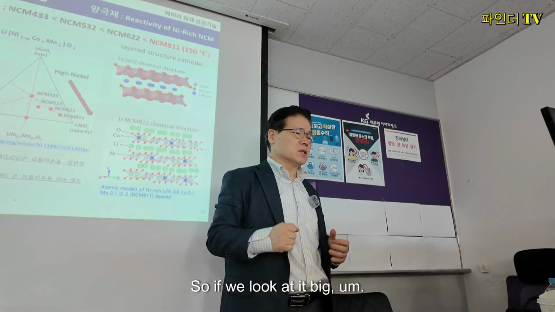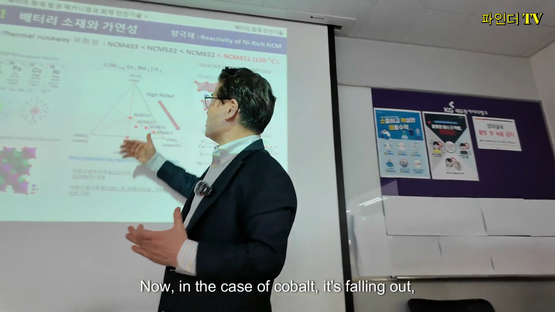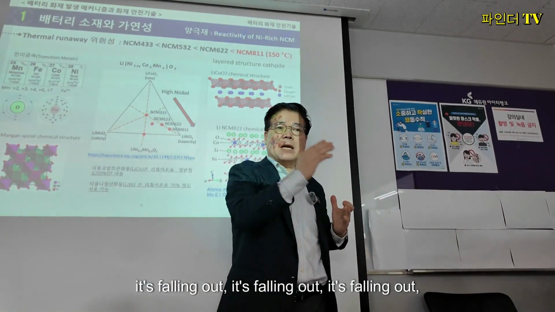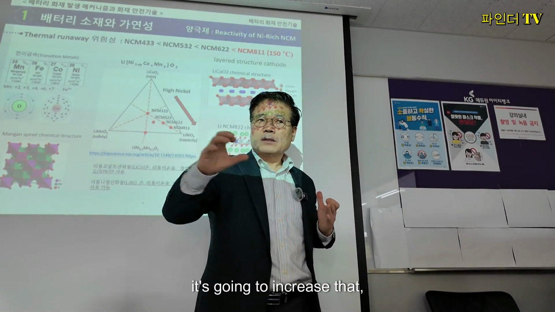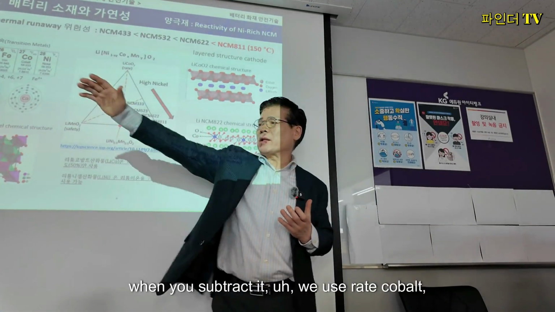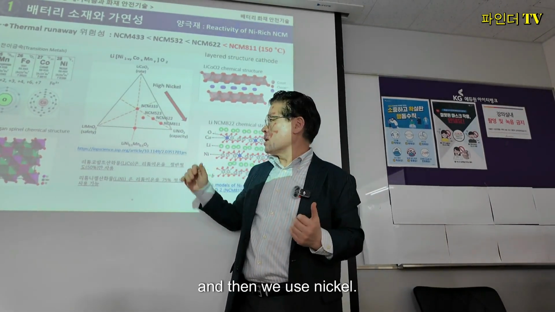There's something like that. So if we look at it broadly, in the case of cobalt, it's falling out and we're going to increase that. So when you definitely subtract things like power, we use less cobalt and then we use nickel.